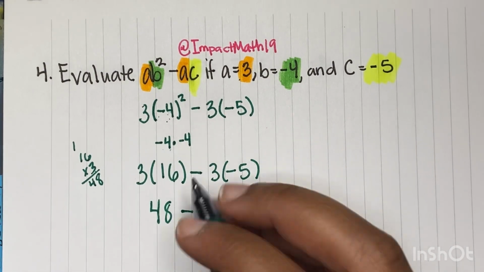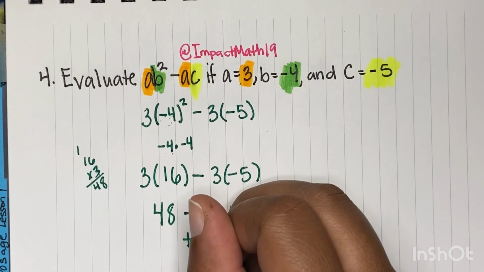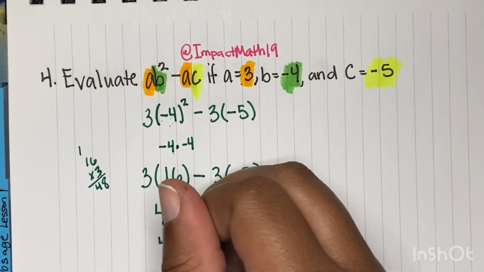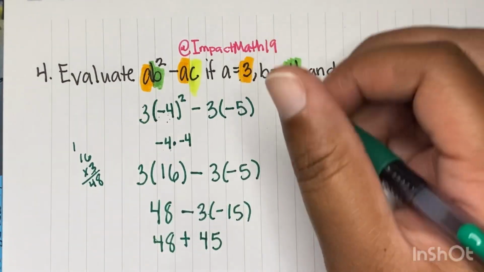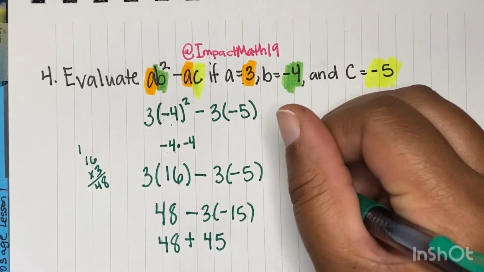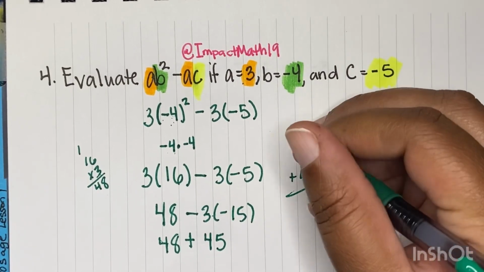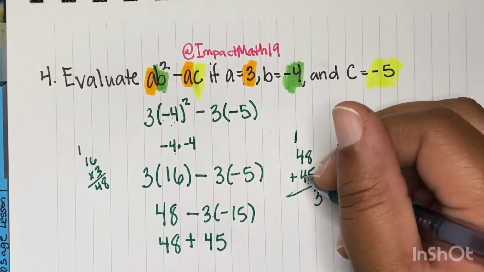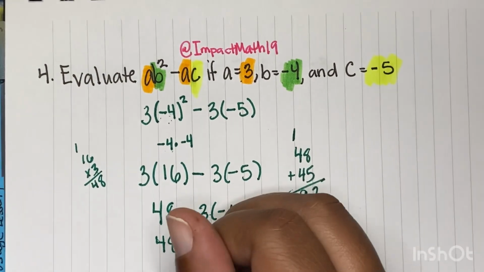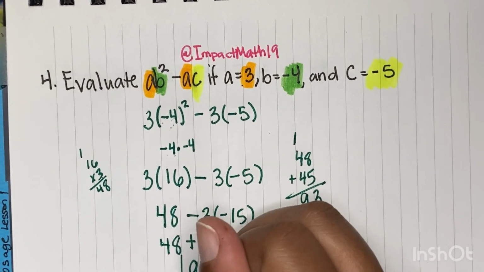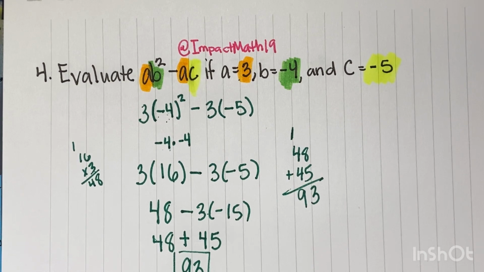And then 3 times 15 gets us 45. So we have 48 plus 45. And 48 plus 45, 8 plus 5 gives us 13, carry the 1. 4 plus 4 is 8, plus 1 is 9. So 93. And that is our answer.